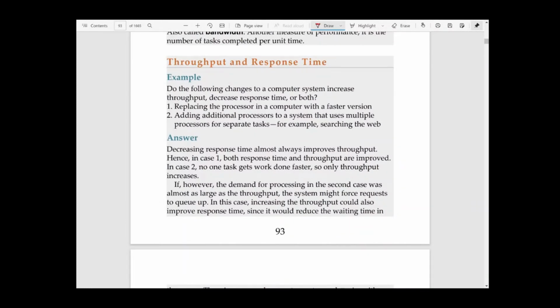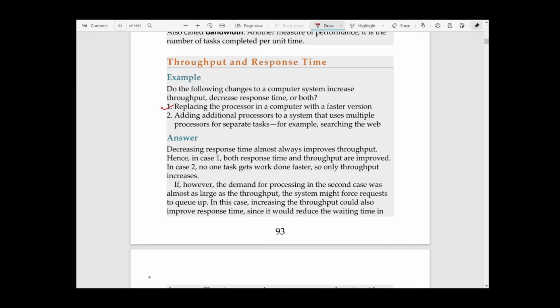then if you go to this throughput and response time, here is an example given. Suppose you have a computer and you want to make some changes in it. The first change is replacing the processor with a faster version, that means changing the frequency of the processor to a higher frequency.